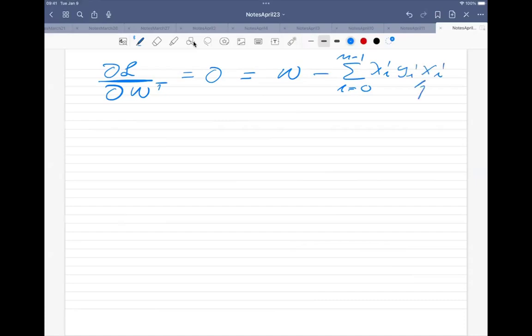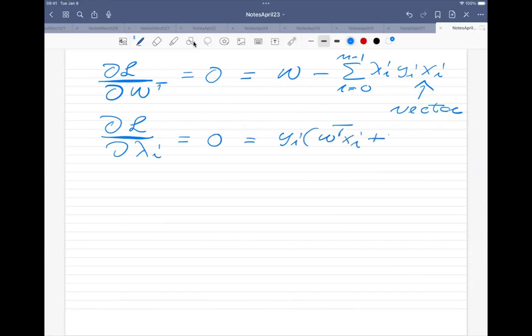And just keep in mind that this x of i can be a vector. And finally, I have my derivatives with respect to lambda of i. And that one is also something I want to drive to 0. And that gives me y of i, w transpose x of i, plus w0, minus 1.